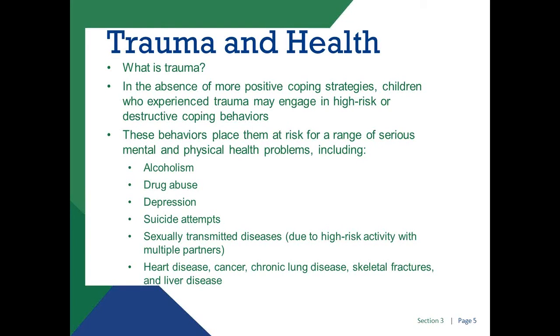We can do that by recognizing the impact that current or prior exposure to violence and trauma has on the physical, emotional, psychological, and behavioral development and well-being of children. And the system can then respond in a trauma-informed way that reflects the awareness of trauma's adverse impacts.